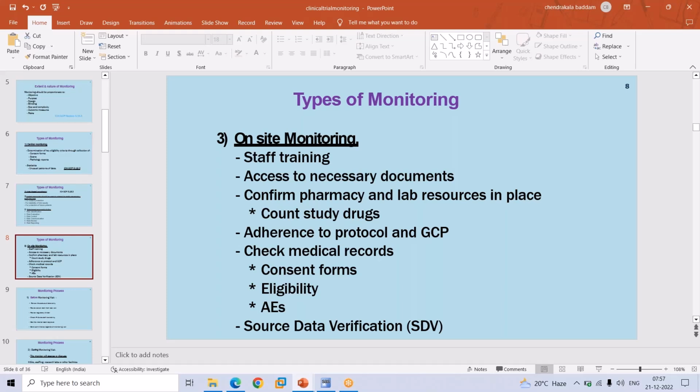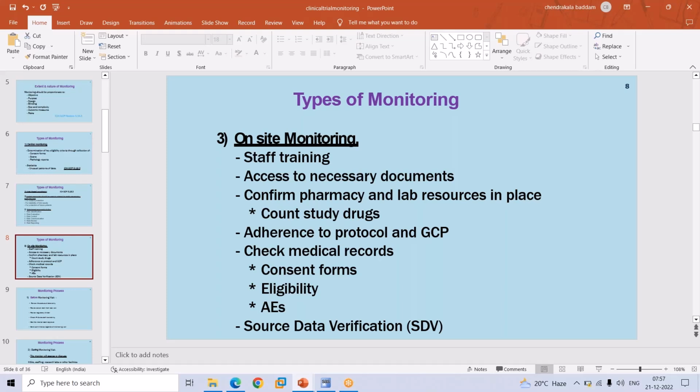Adherence to protocol: whether the study is going on as per the protocol and GCP. Is there any protocol deviation? Is there any non-compliance with the protocol and GCP? They check the patient medical records, eligibility, consent forms, adverse events, CRFs. They do source data verification.